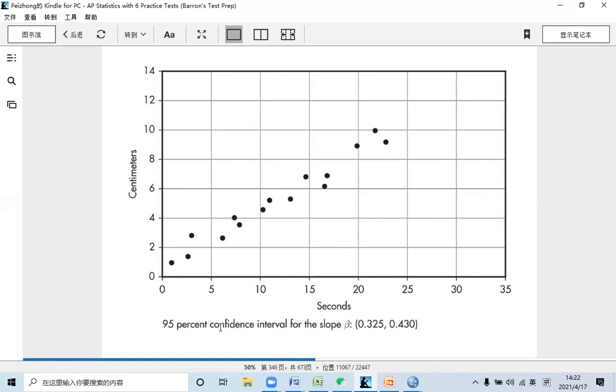And here, the 95% confidence interval of the slope. Here's the slope. It's the interval for the slope. It's positive.